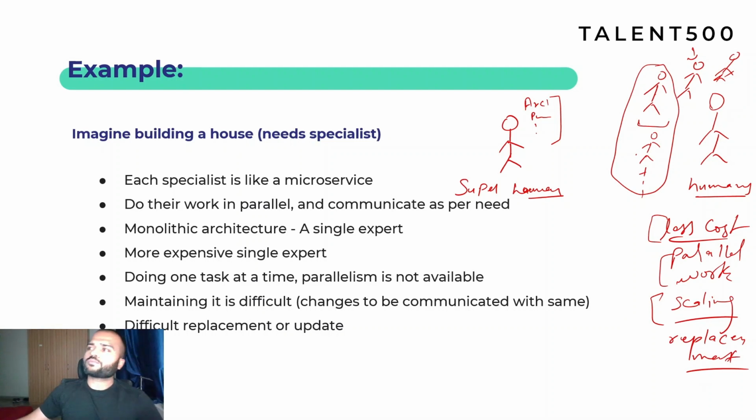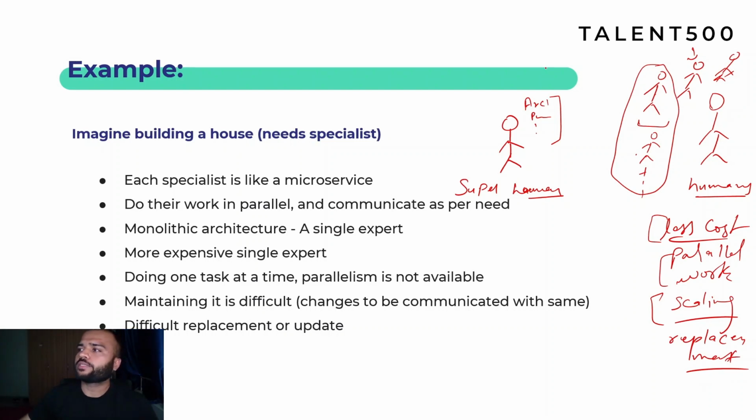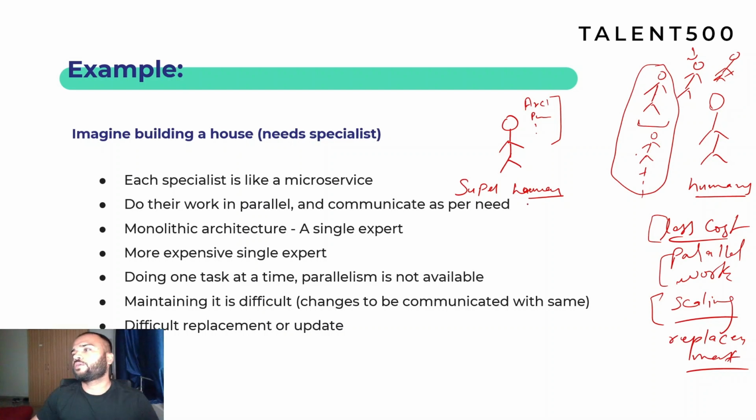Okay, so the same thing when it comes to the superhuman which knows all the tasks, what is happening? The one thing is currently it can do one thing only. So if you want to parallelize, you now want to have multiple superhumans. So when you have this multi-skilled specialist, the one thing which will go up for you is the cost, because it knows 4 different types of work.